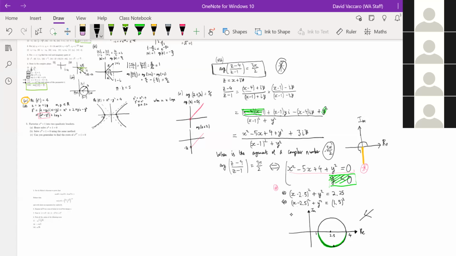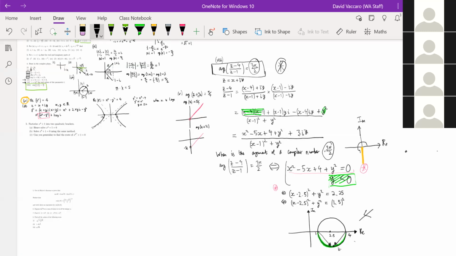So let's think about the complex number z minus 4. Geometrically, that's this vector. And z minus 1 geometrically is this vector. The relationship that's given in the question is saying that these two vectors are perpendicular.